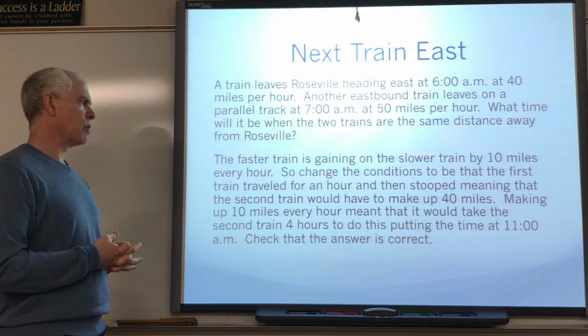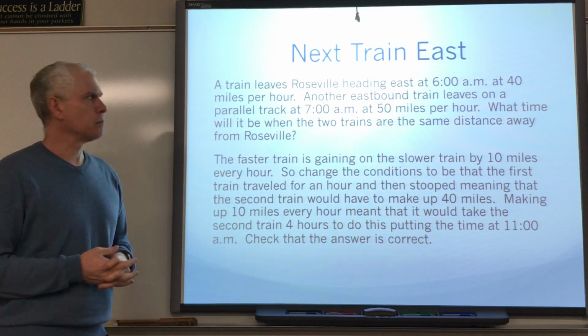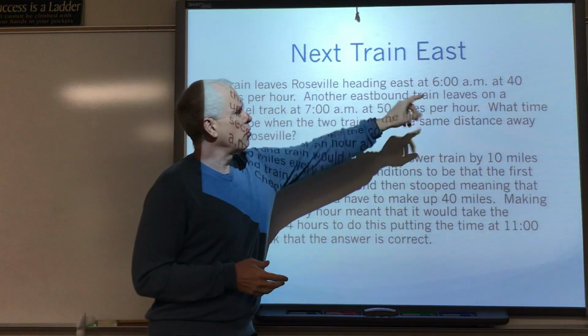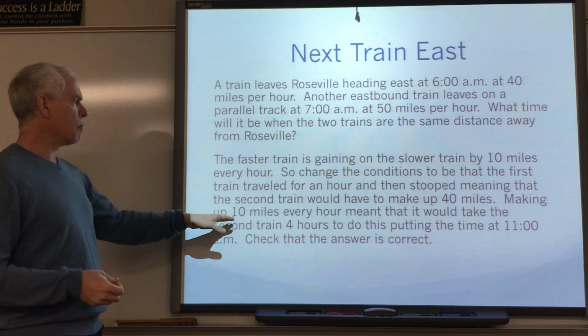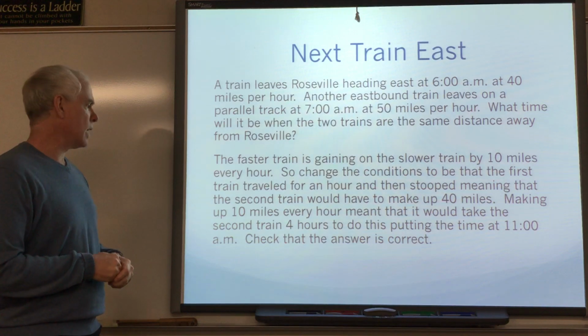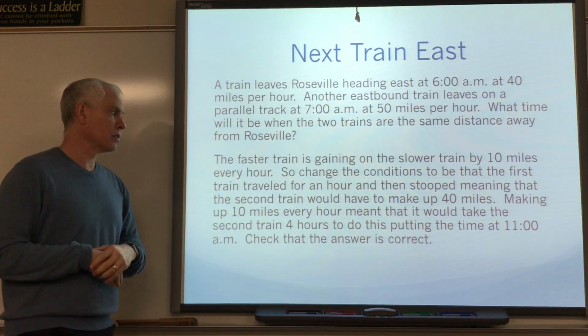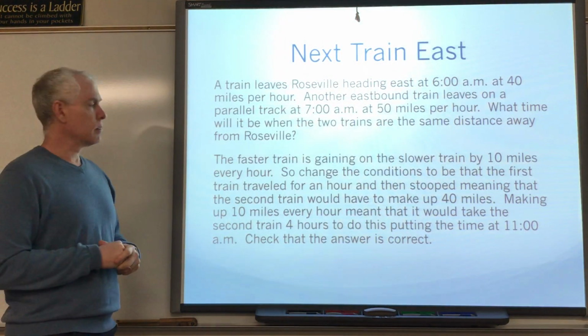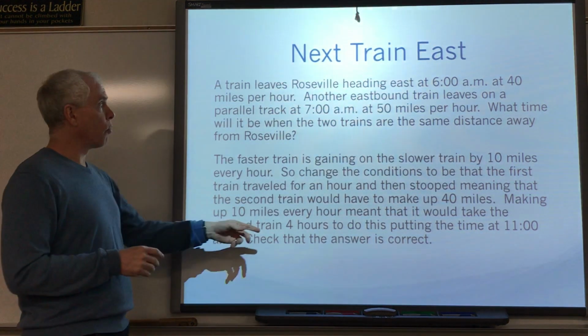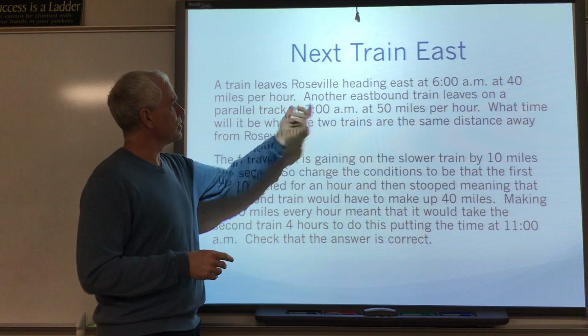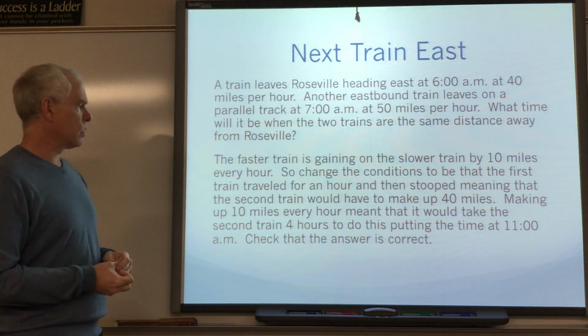Meaning that the second train would have to make up 40 miles, okay? Because that first train was going 40 miles in an hour. Making up 10 miles every hour meant that it would take the second train 4 hours to do this, right? So if it took 4 hours and it started at 7, it was going to be 11 o'clock when that was all said and done.